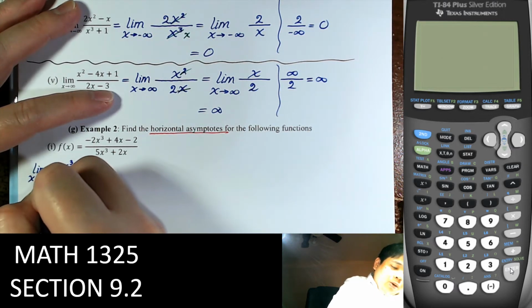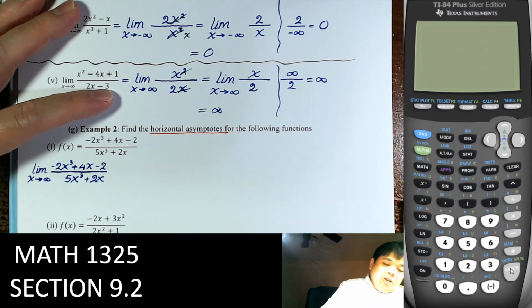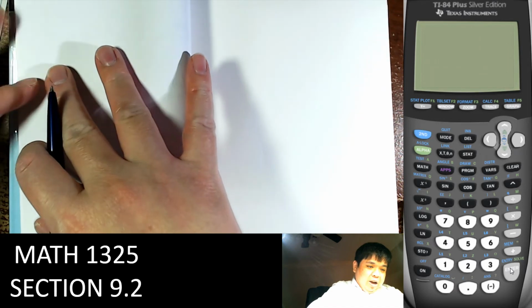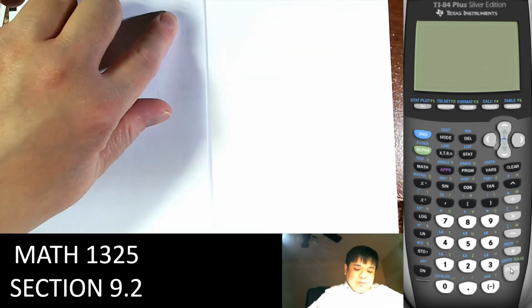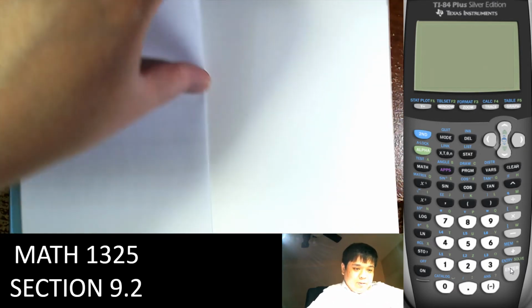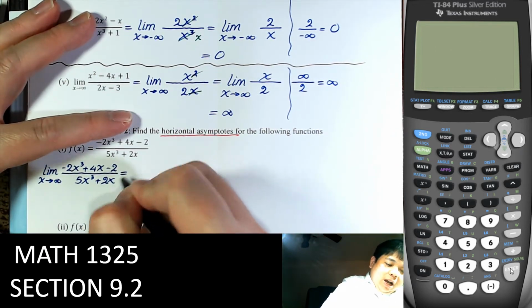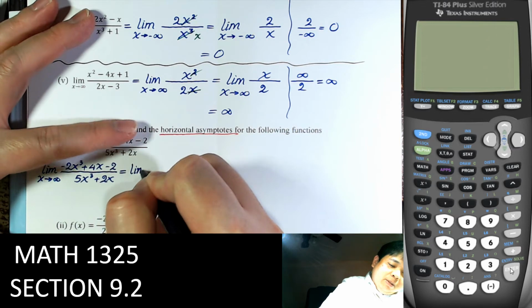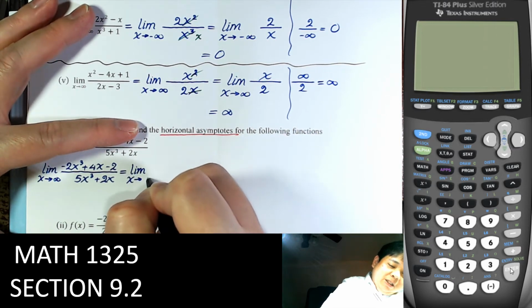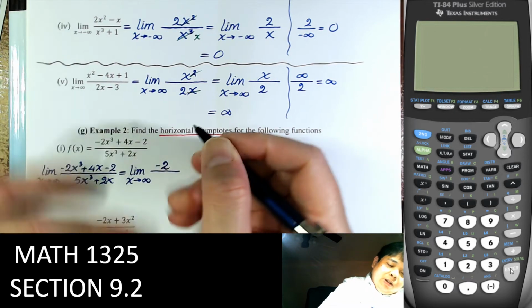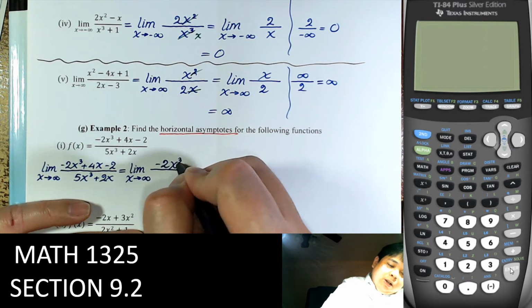As x goes to infinity, we talk about positive infinity first, and we talk about negative infinity after that. We need to do both. So that cancels out. We have the highest power term, negative 2x cubed over 5x cubed.